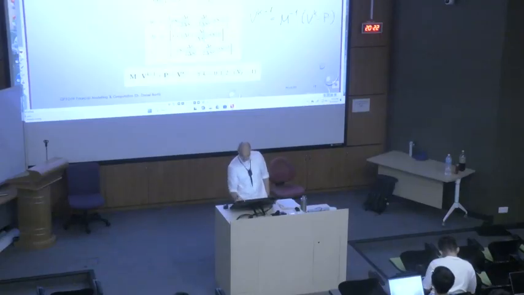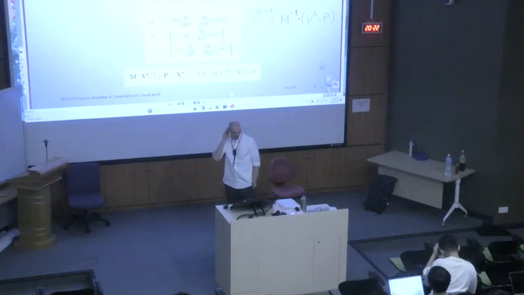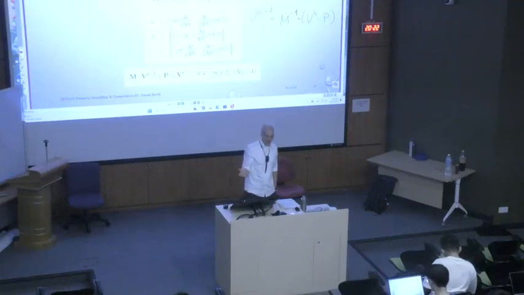Now what you actually need to do is solve a matrix equation, and you can reformulate this as vk plus 1 is equal to m minus 1 of vk minus p, given that m is invertible, of course.